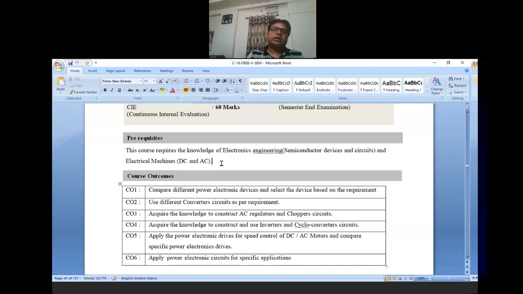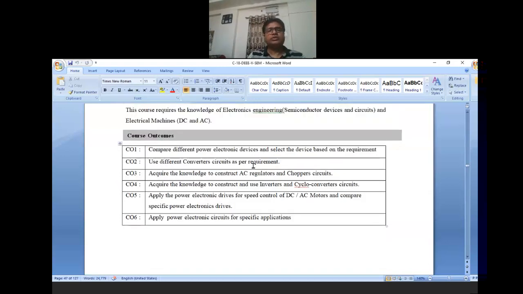And also in the third and fourth semesters, you have studied the basics of electronics engineering and particularly the semiconductor devices and circuits. So you have entered this semester to study the subject of power electronics with enough ammunition, or with enough concepts regarding the electronics as well as electrical machines.